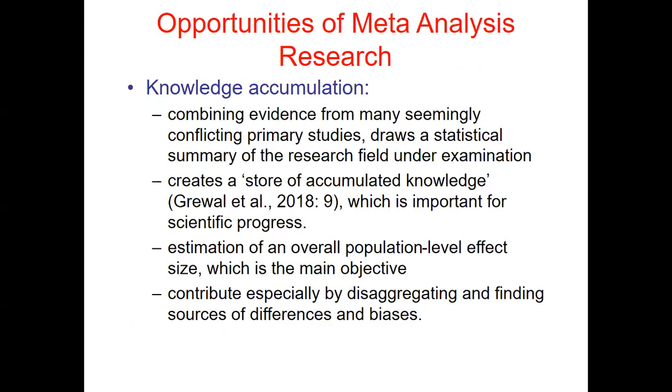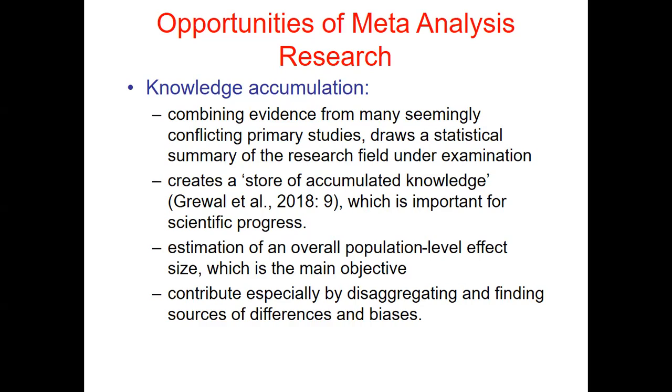Opportunities of meta-analysis research. Of course, there's knowledge accumulation because you're combining evidence from many seemingly conflicting primary studies. By primary studies, I mean the actual studies that were done by other researchers. These are papers, articles that were published. Because with meta-analysis, you'll be drawing data from these studies.